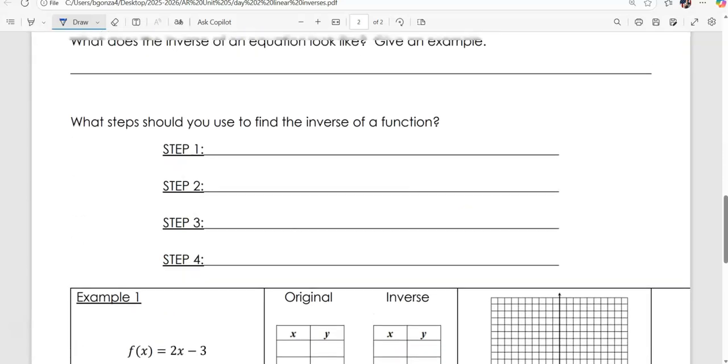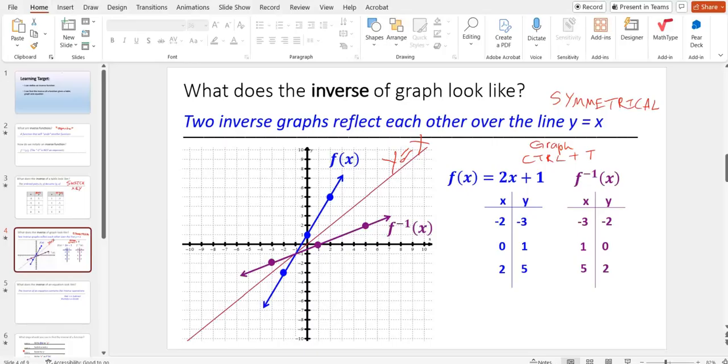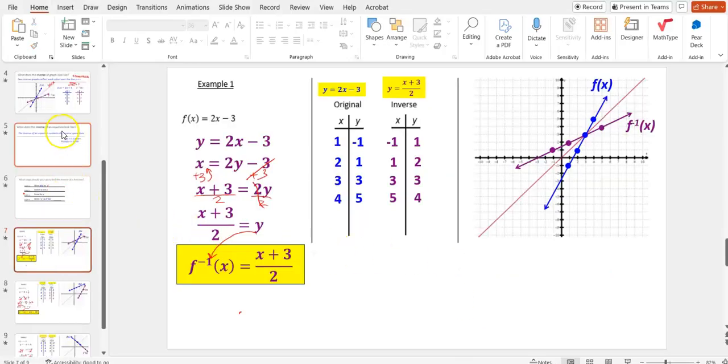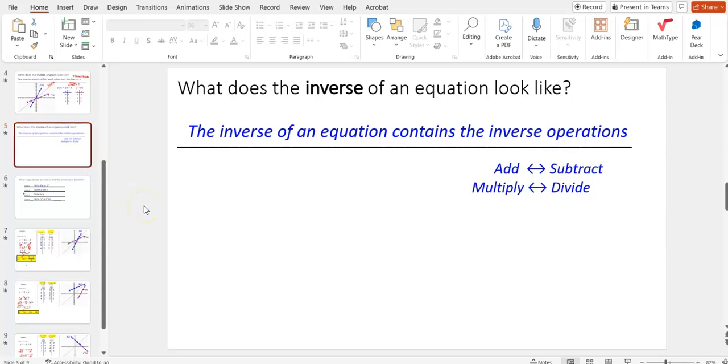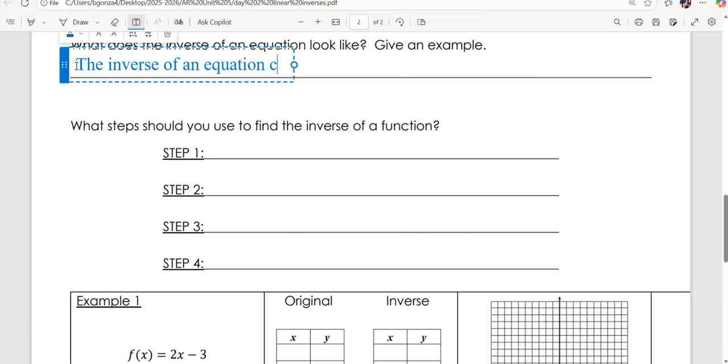Flip it over. What does the inverse of an equation look like? Well, let's answer that question. You can write that one down. What does the inverse of an equation look like? So quit watching videos and write this down. So the inverse of an equation contains the inverse operations.